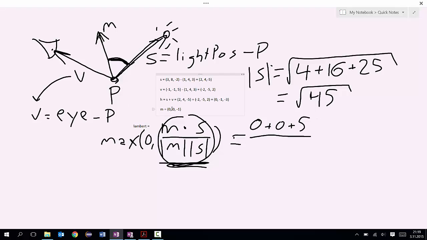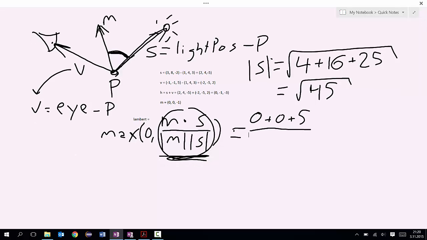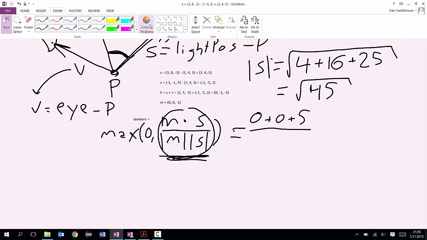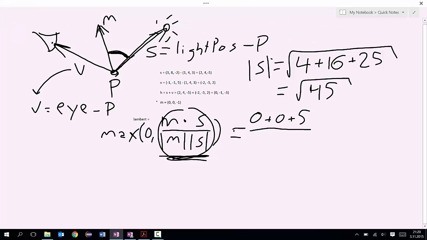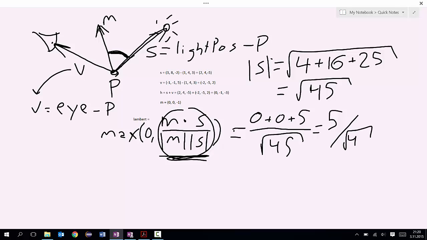And we can see that m is 0, 0, minus 1. So the length of m is 1 times the length of s, which is the square root of 45, divided by the square root of 45. So we have here that Lambert equals 5 divided by the square root of 45. And again, we'll just leave it at that for now. So this is our Lambert factor here.